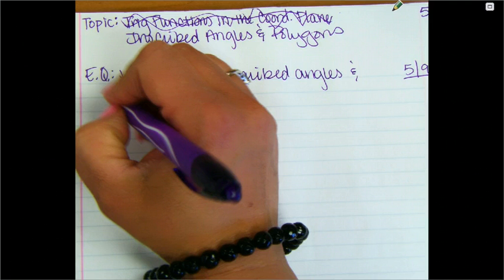Good. Of an inscribed angle and has endpoints on the angle. So intercepted arc is the arc that lies in the interior of the inscribed angle and has endpoints on the angle.